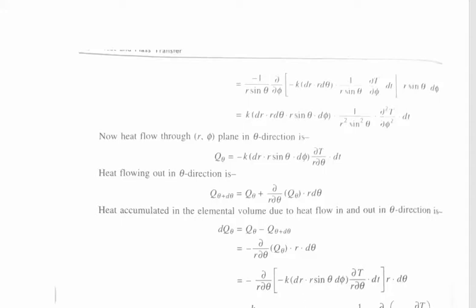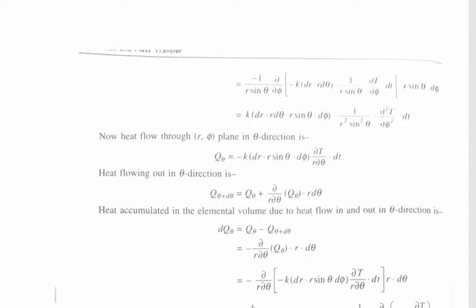Let's discuss the theta direction. In a similar case, q theta is equal to minus k dr into r sin theta d phi ∂T/∂(r theta) into dt.